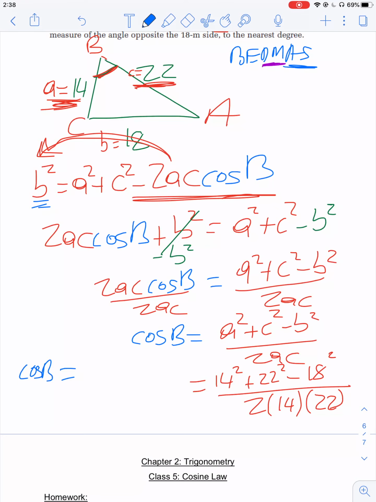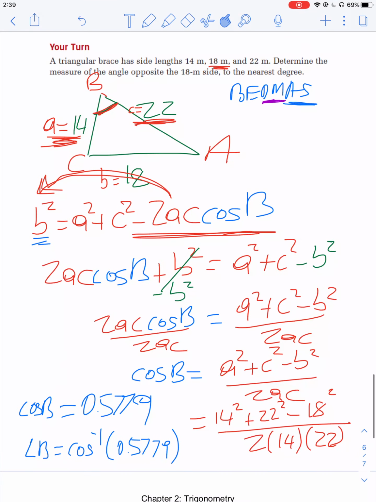So I am getting 0.5779. Okay, 4 digits I think is enough, and then the angle B will just equal the inverse cos of this value, right? So inverse cos of 0.5779, and they're asking me to calculate this to the nearest degree.